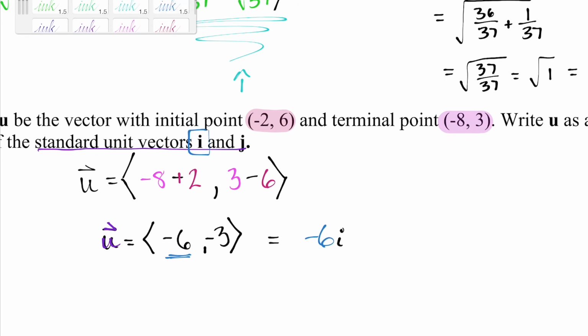And then, in this case, it would be minus because I have that -3 with the j. That's pretty much it. This is telling us the distance we went along the x and the distance we went along the y, just a slightly different presentation. And so this is our standard unit vector.